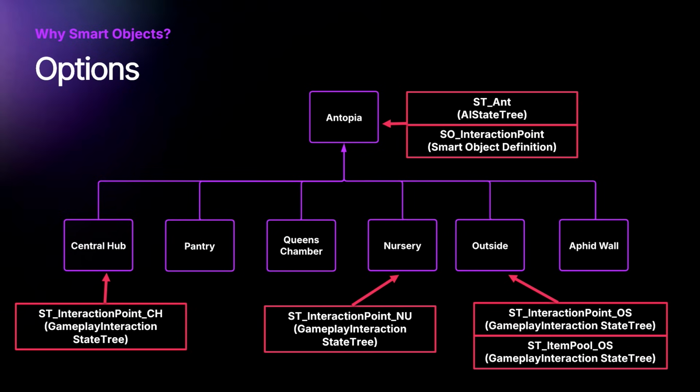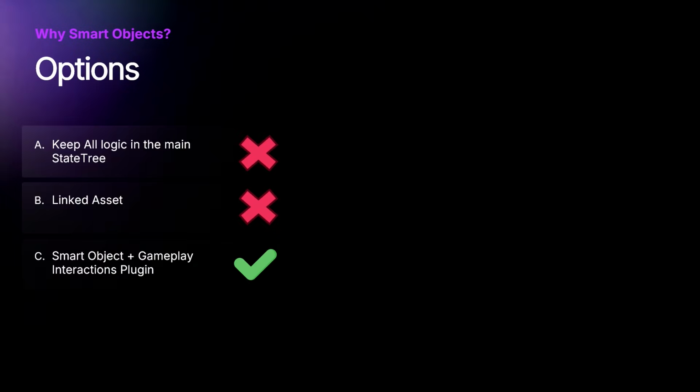We have the AI state tree and smart object definition in the core project, and we have different interaction logic in gameplay interaction state trees only in their corresponding room plugins. That fits exactly what we need. It fits the requirement to keep assets separate in room plugins, and room plugins only load what they need, and developers can work in parallel on different interactions.